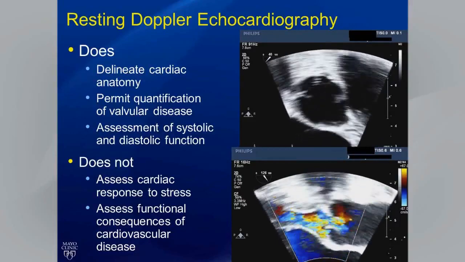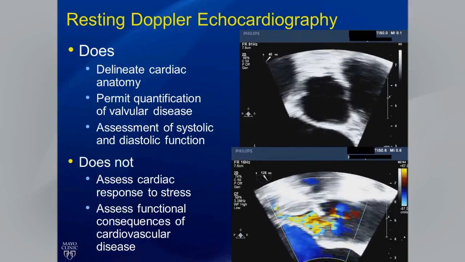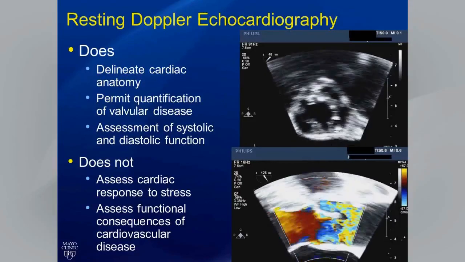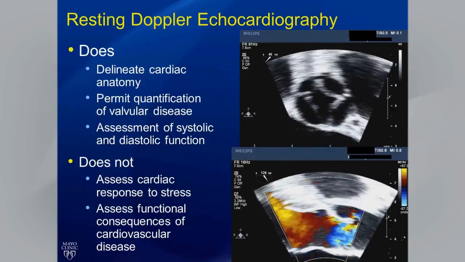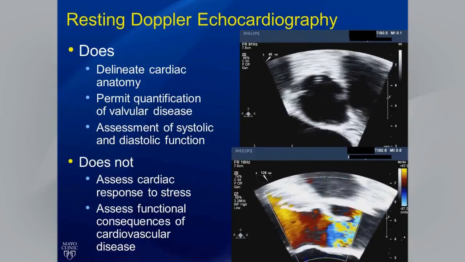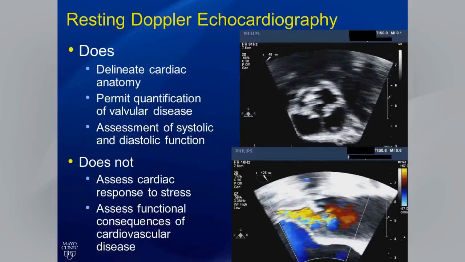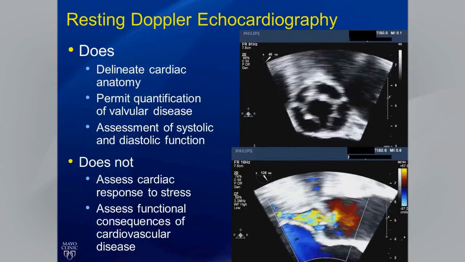However, resting Doppler echocardiography does not allow us to assess the cardiac response to stress or to assess the functional consequences of cardiovascular disease. However, with stress, either physical or pharmacologic, these structural and functional cardiovascular abnormalities might develop, and we can assess them with stress echocardiography.